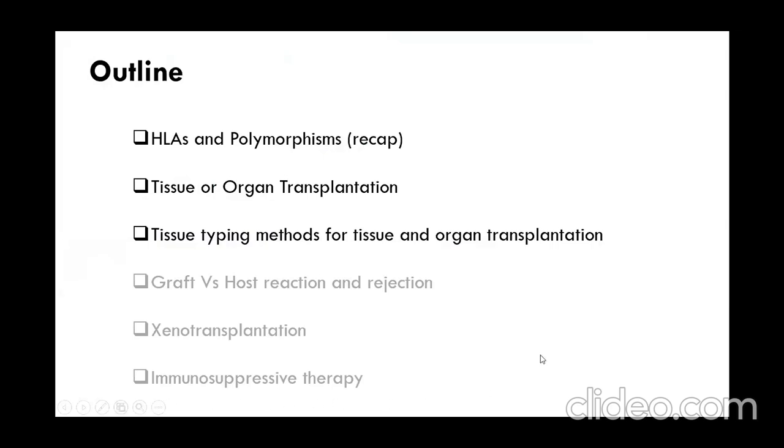So this is the overall summary of the remaining portion of unit 2. We discussed HLAs and polymorphisms last class. We'll recap again. Then we will bring in two concepts specifically: tissue or organ transplantation, and tissue typing methods for tissue and organ transplantation. How do you identify a match in the tissue?